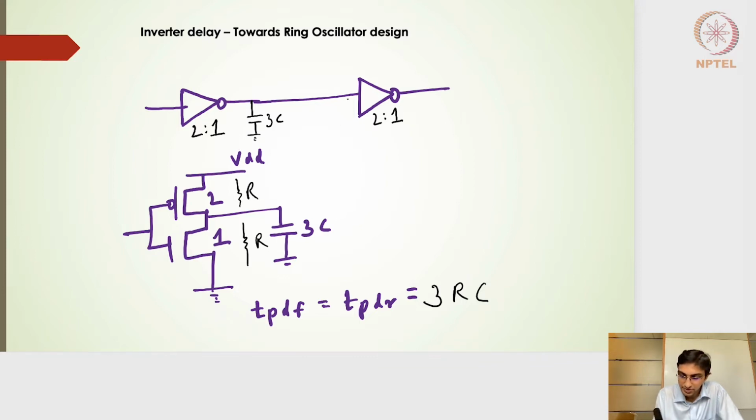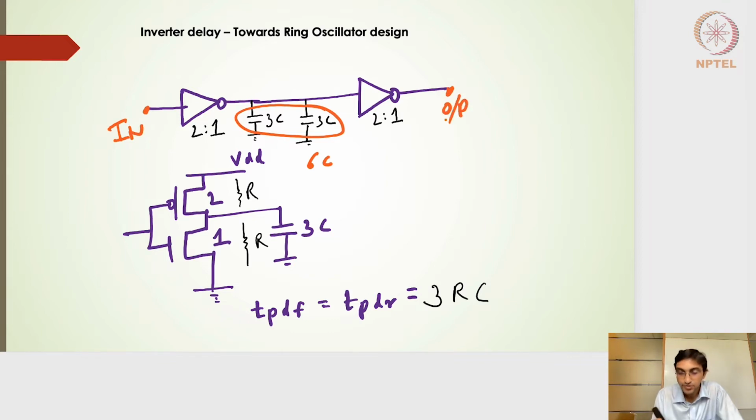And at the input side, the second stage inverter is going to give me one more 3C capacitance. So overall, put together, this will be 6C capacitance. Now the overall delay for the two inverters, from the input side to the output side.